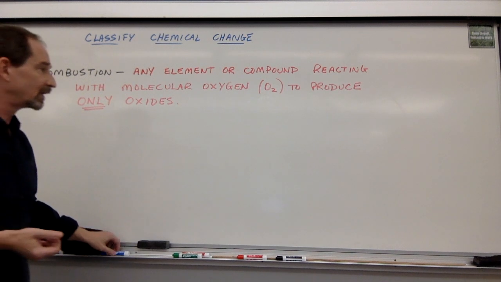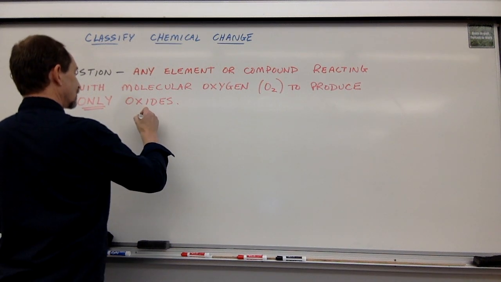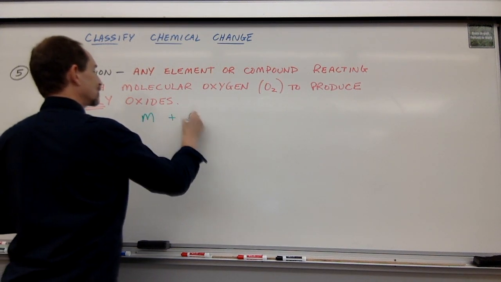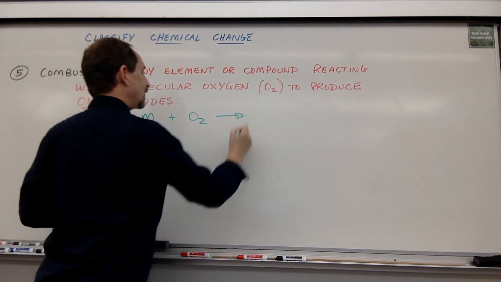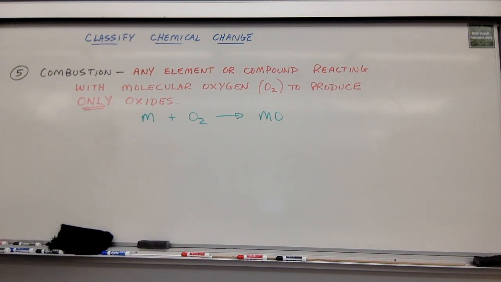There are 2 very different types of combustions. I can have metallic combustion where a metal reacts with oxygen and it will produce a metal oxide. Those tend to also be synthesis reactions.